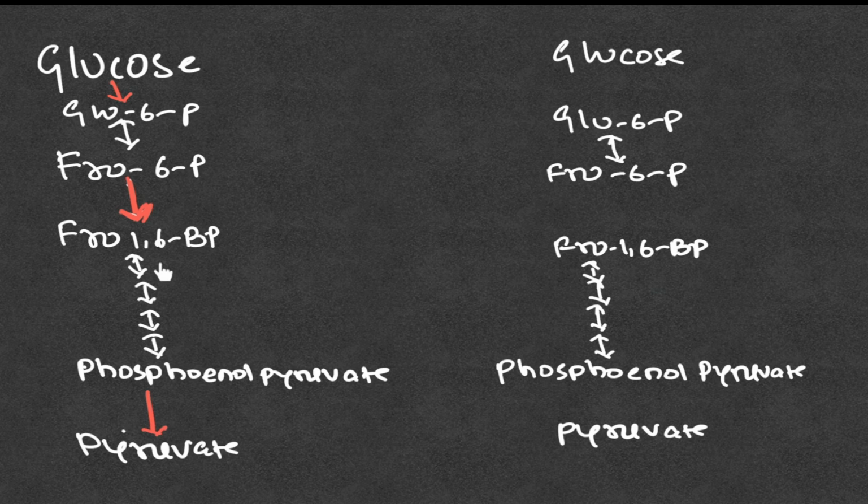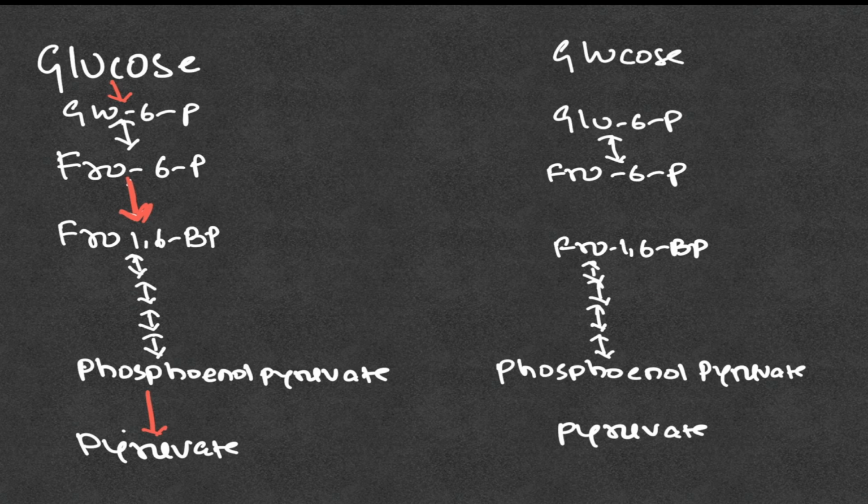I have a video on glycolysis, so you can take a look at that for a better understanding of gluconeogenesis, or if you are already good in glycolysis, you can just continue this video. So what are those irreversible reactions in glycolysis?